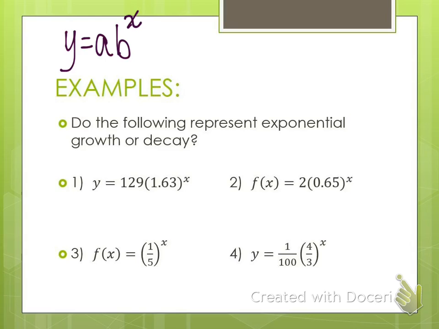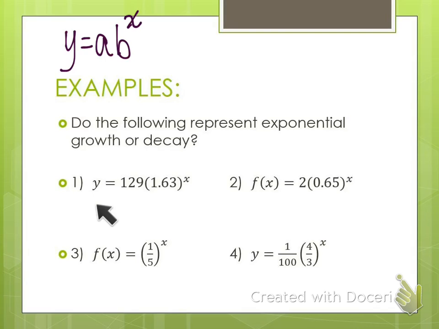So what are we focusing on? Which of these letters, y, a, b, or x, do we focus on when we decide if this is growth or decay? B. Okay, our notes said that we look at b. Either b is bigger than 1 or b is less than 1, and that tells us growth or decay.